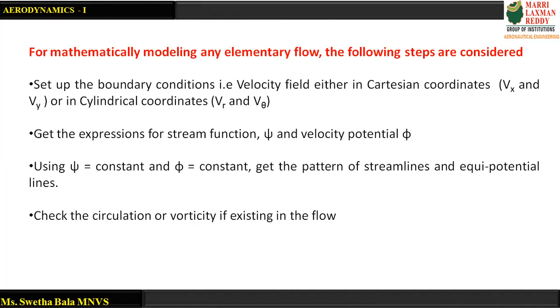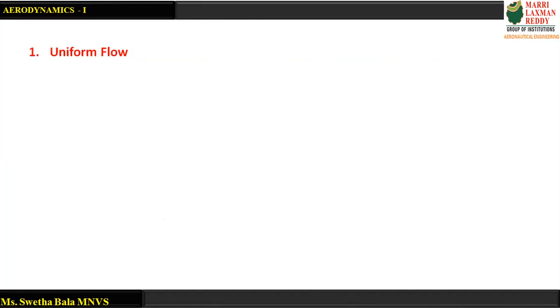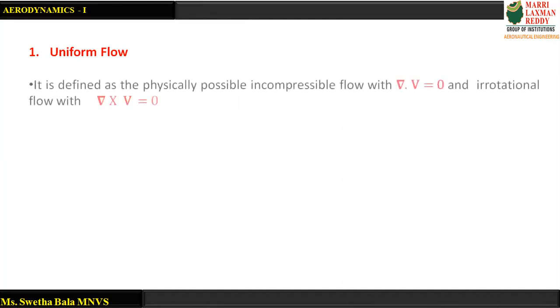Coming to the first elementary flow, that is the uniform flow. How do you define uniform flow? A uniform flow is defined as a physically possible incompressible flow with del dot V bar equal to 0, where del is a mathematical operator, and irrotational flow with del cross V bar equal to 0.